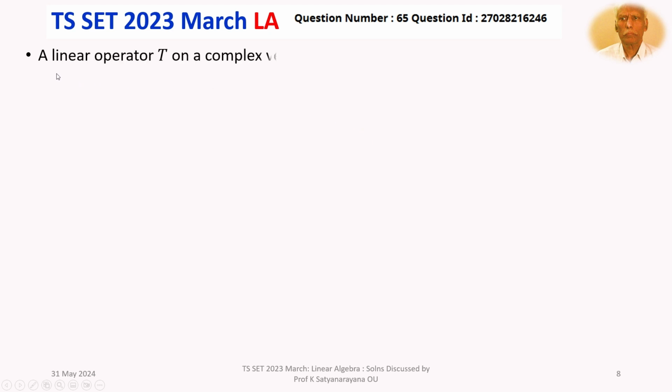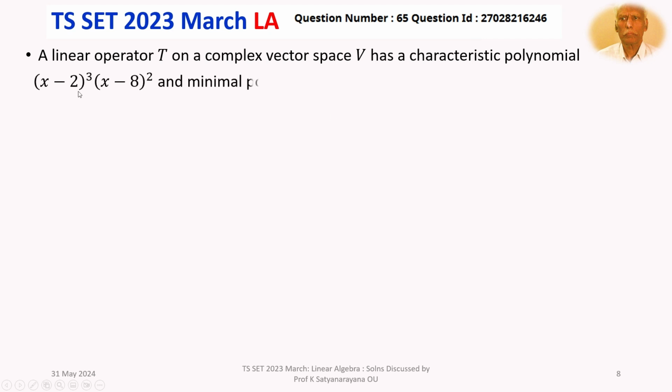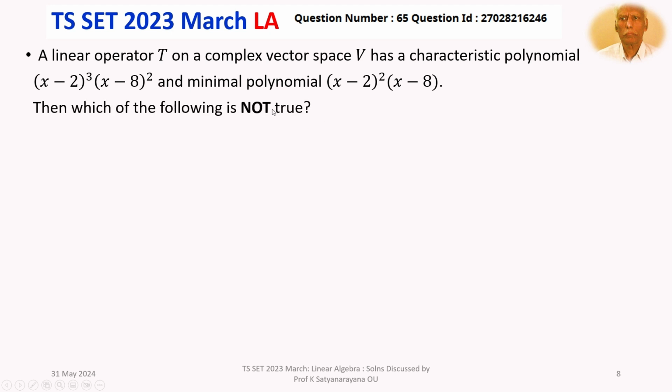Now the given question: a linear operator T on a complex vector space V has characteristic polynomial x minus 2 whole cube into x minus 8 whole square and minimal polynomial x minus 2 whole square multiplied by x minus 8. Then which of the following is not true? The 4 options are given here.